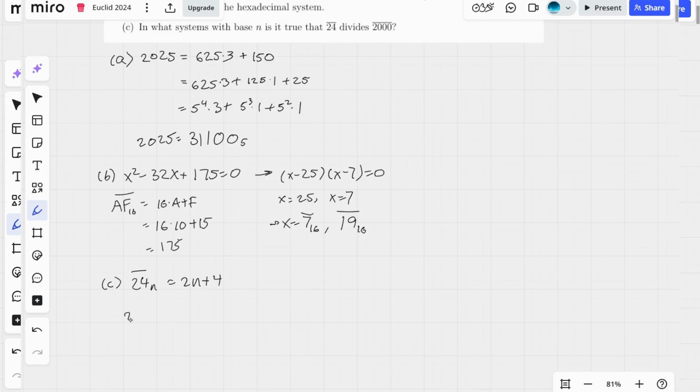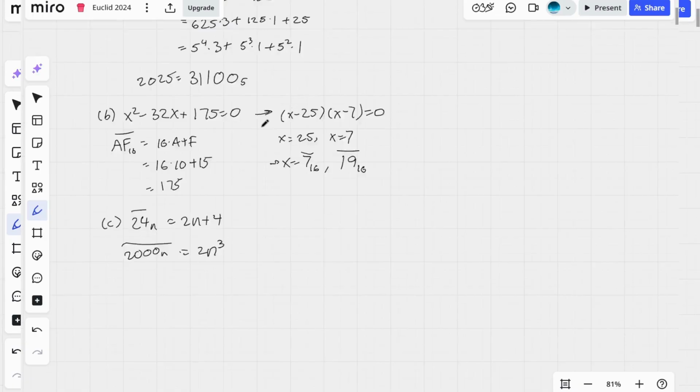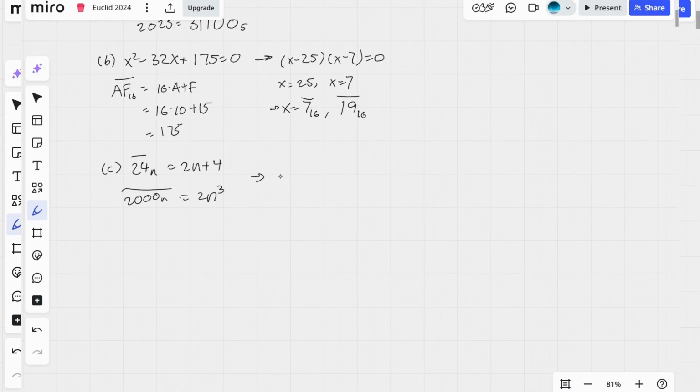And 2000 in base n would be equal to 2n cubed. And so what we have is that 2n plus 4 is a factor of 2n cubed. So we can write this as 2n cubed over 2n plus 4 is an integer, right?